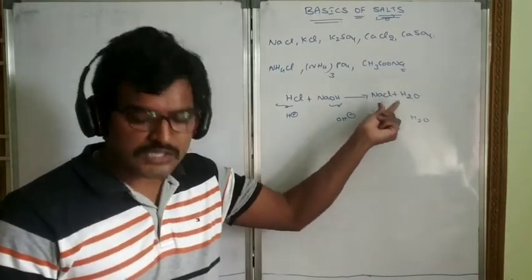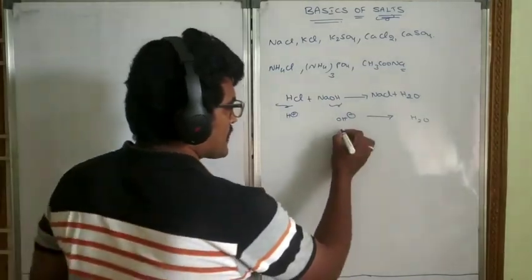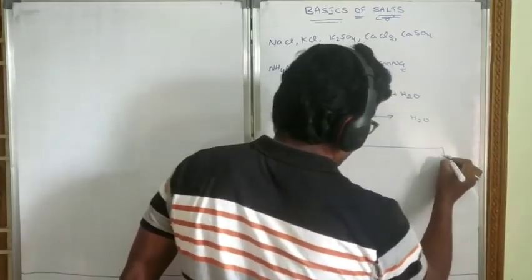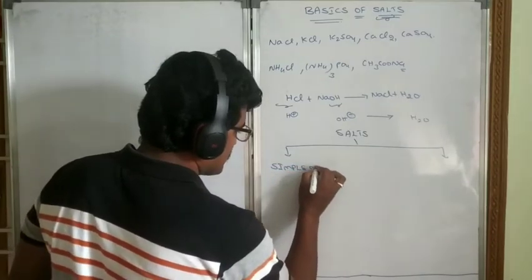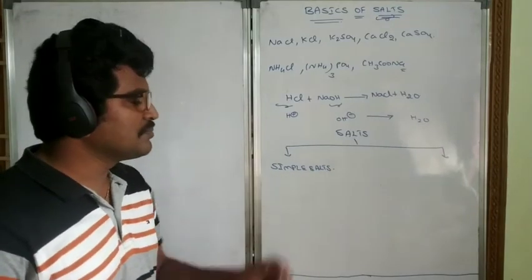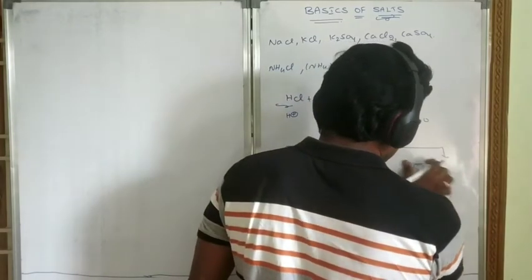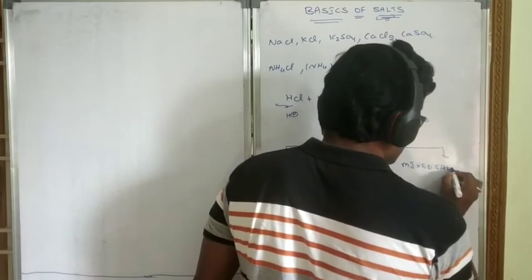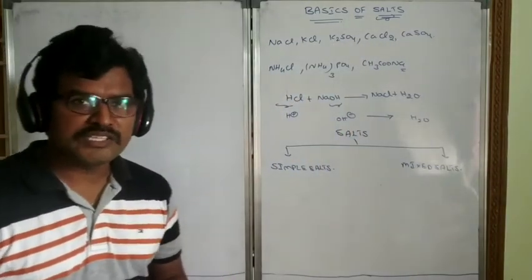How are these salts classified? Basically, salts are classified into two types: simple salts and mixed salts.